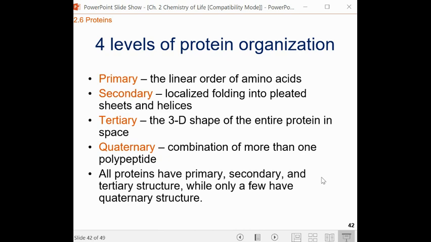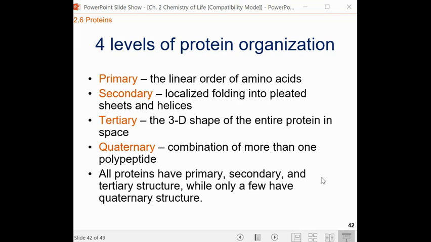Proteins are organized into different levels. The primary organization is just the order the amino acids are placed in together. Secondaries, we take that long chain of amino acids and then they start to pleat or sheet up or form helices. Then that 3-dimensional shape starts to form, and it takes up an actual 3-dimensional functional group.